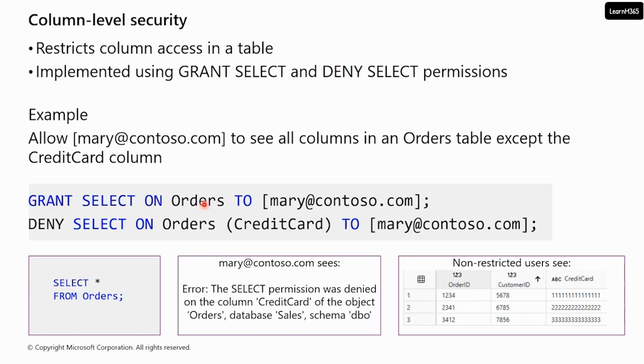So you can grant select permission on the orders table to this person, and you can deny the select permission on the orders credit card column to this person. Like this we can do. Certain columns will contain sensitive information which you want to hide. So users can actually require access to general data, but not any confidential attributes. That is basically what column level security talks about.